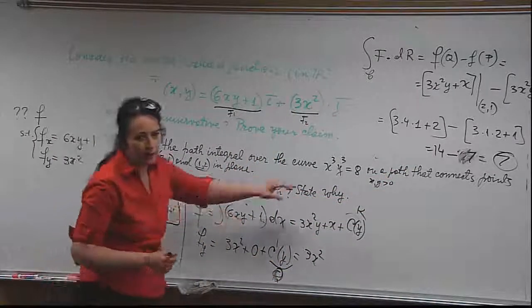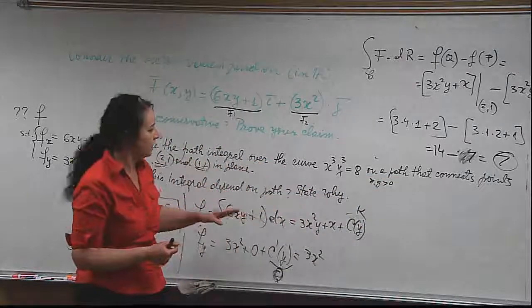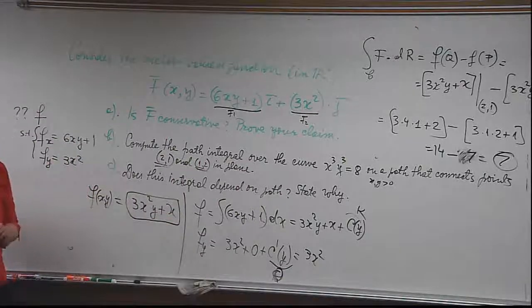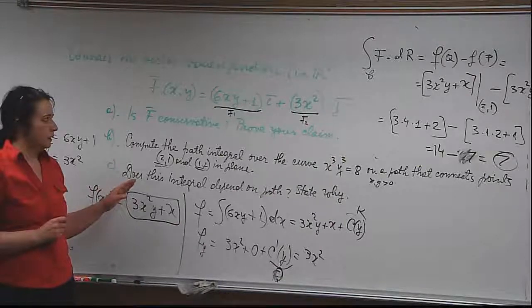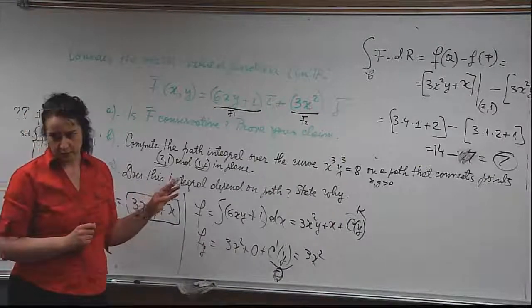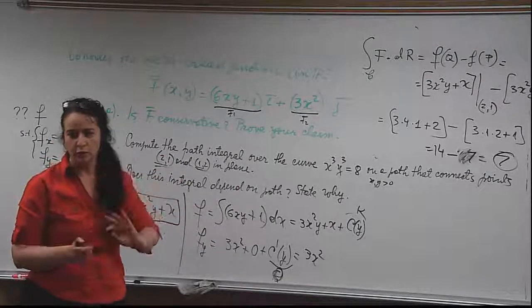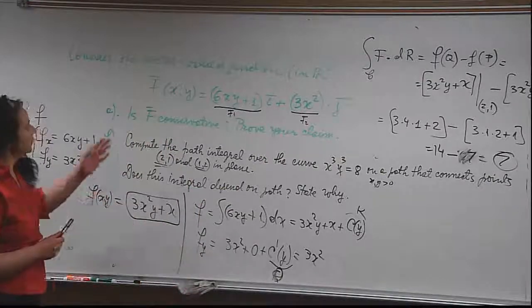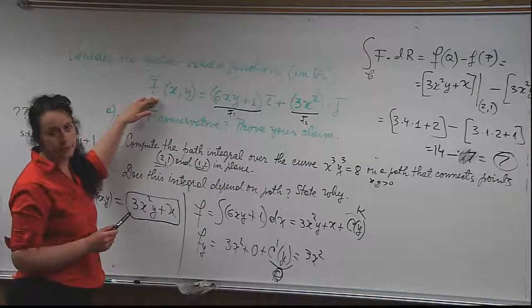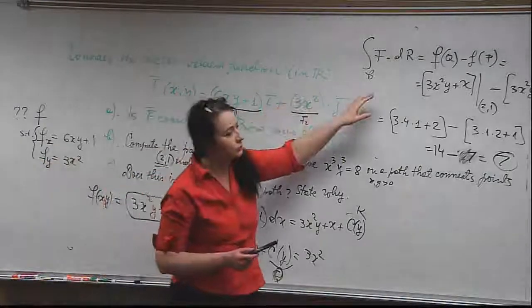How much explanation does the instructor expect for you to get full credit on the problem? Just enough to explain, about one line, two lines, no more. You can say it in many ways. You can say, this is the theorem that shows independence of path integral. If the force vector-valued function F is conservative, then this is what you have to write.